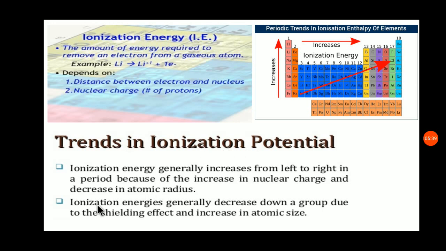But ionization energy generally decreases down the group because nuclear charge decreases and atomic size increases, because the extra electron enters a different subshell. So the shielding effect increases, and a minimum amount of energy is required to remove the electron from the outermost shell.